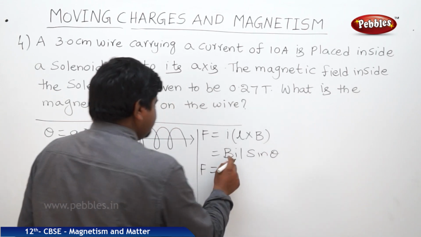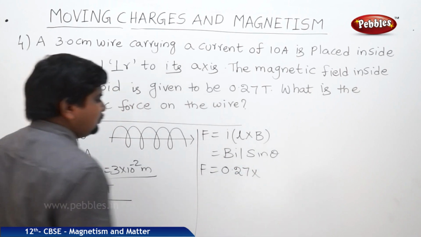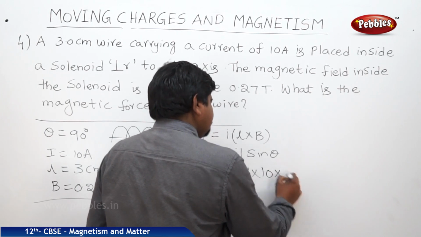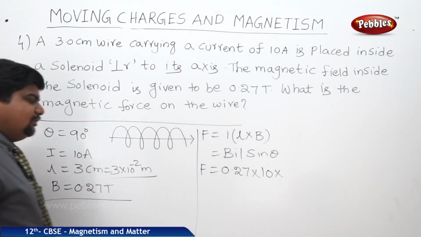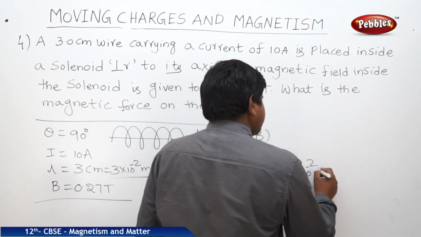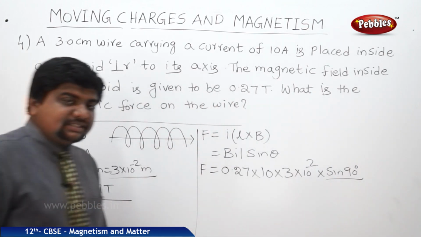So F is equal to B is 0.27, I is the current 10 amperes, length is 3 into 10 to the power of minus 2 meters, into sin 90. Because theta is 90 degrees, sin 90 is 1.